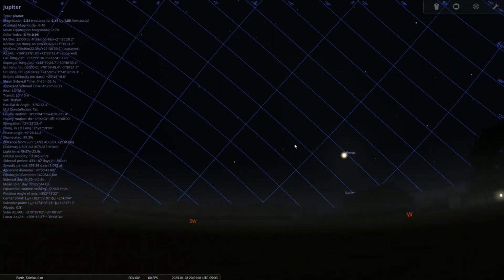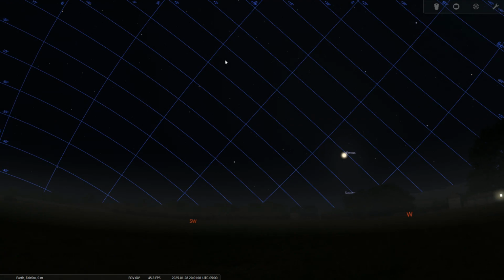As you can see, the right ascension and declination lines are tilted with respect to the horizon. And the reason for this, again, is the Earth's axial tilt. Lines of declination run this way. They run from east to west. Lines of right ascension run north to south.